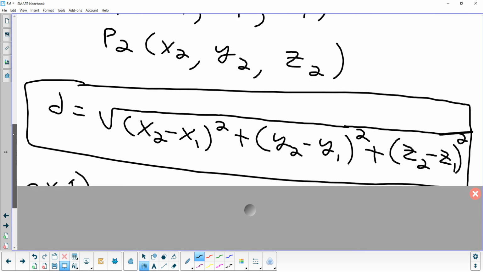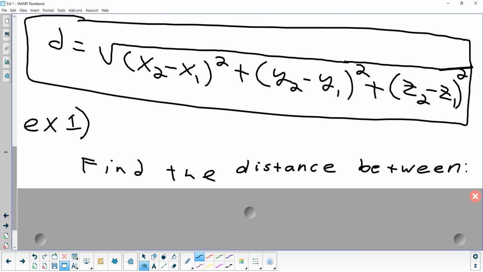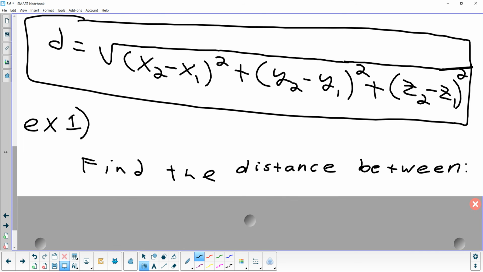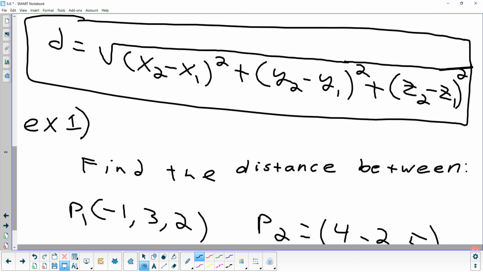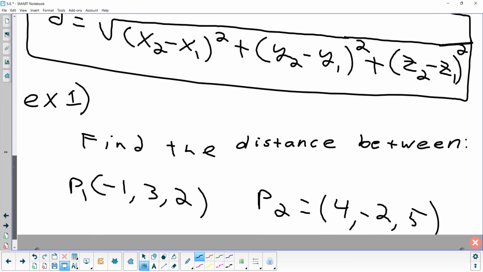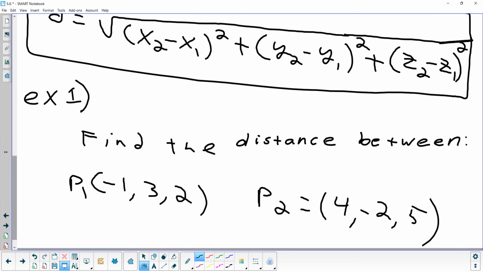All right, so let's try an example. I want to find the distance between these two coordinates. P1 is -1, 3, 2, and P2 is 4, -2, 5.